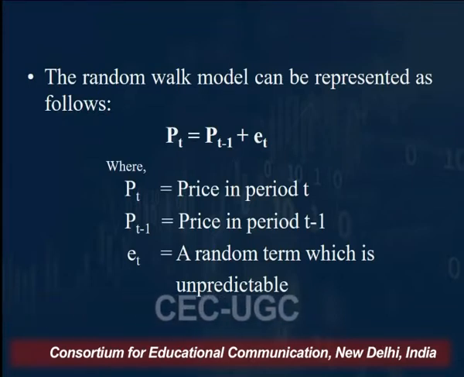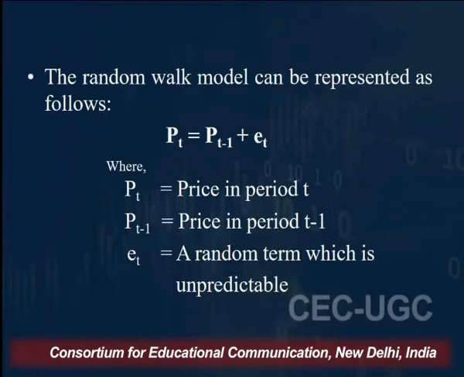And et is a random term which is unpredictable. That is, if you want to understand in simple language, it is any random factor that will affect the price of the share. Means any new information comes, any information which can affect the share price will lead to a change in the price.